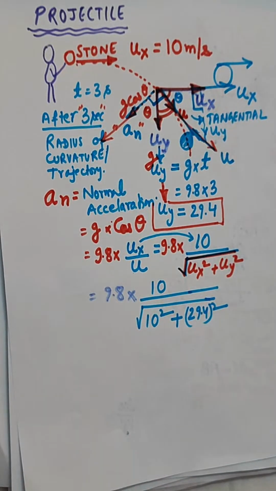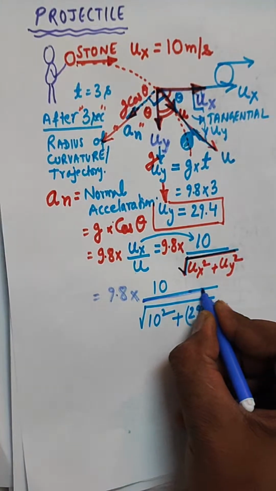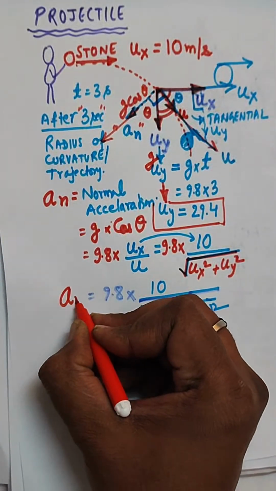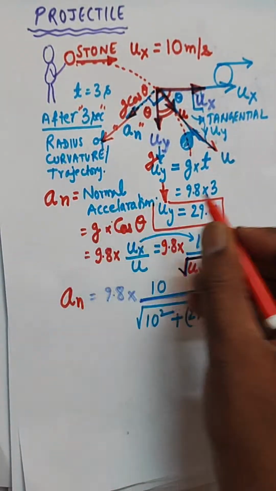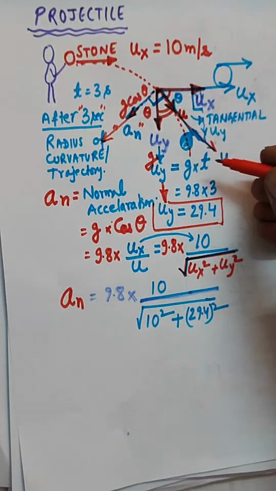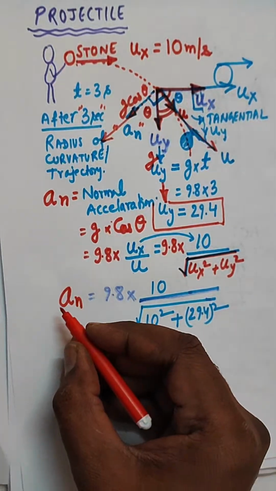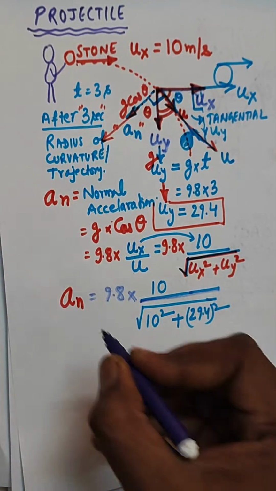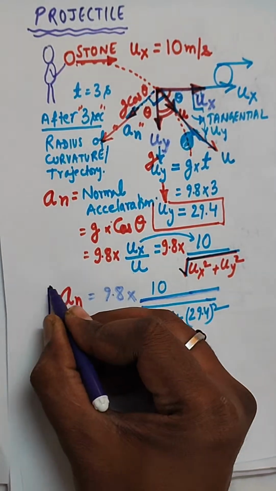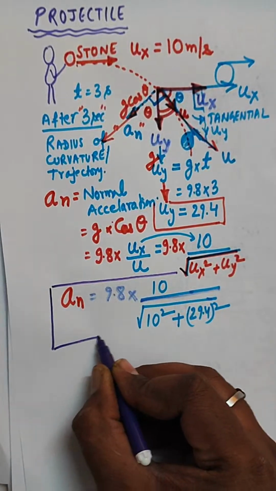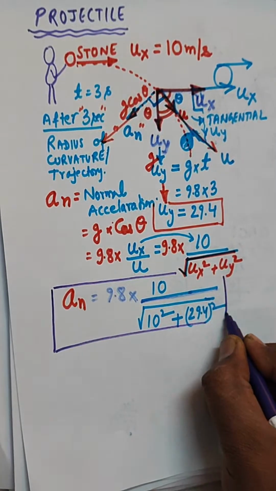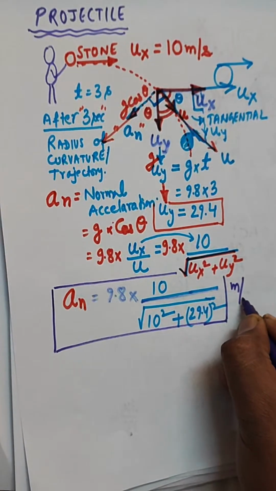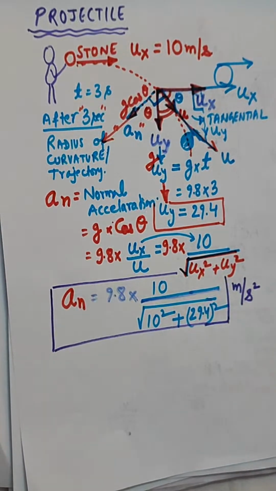So you can see, you have the value of an, the normal acceleration, normal to the tangential, right? Now we are on the last step of our solution, my dear friends. You just calculate it, I am not going into the calculation. Meter per second square, right?